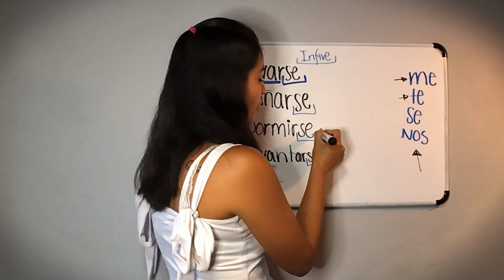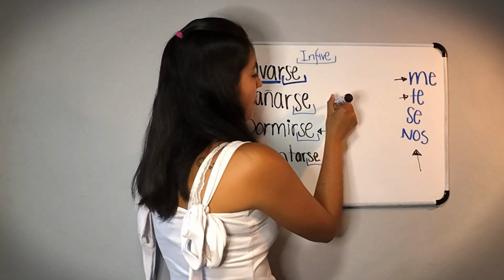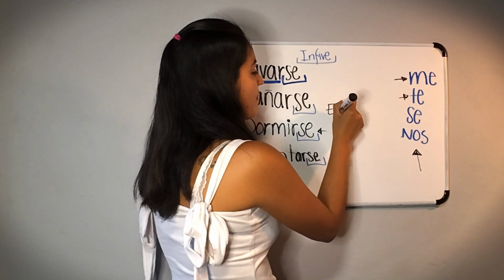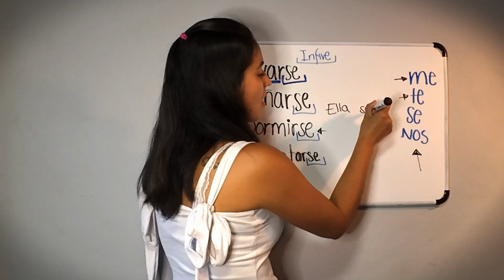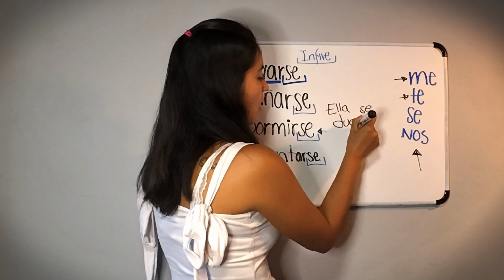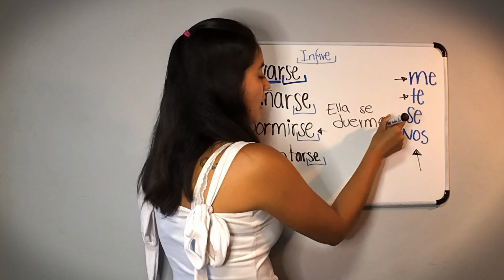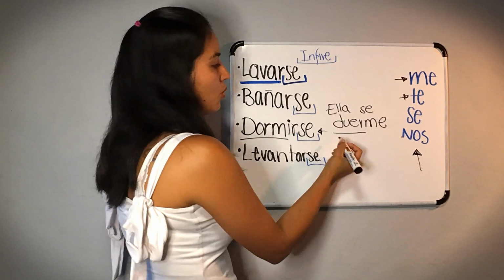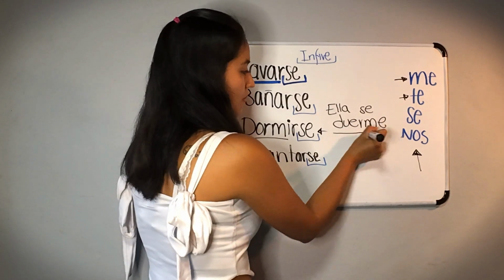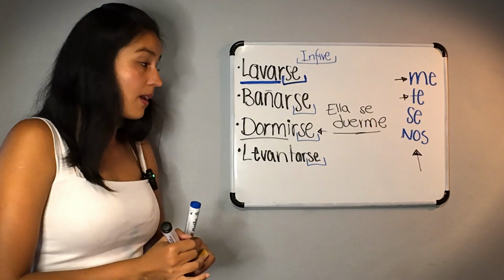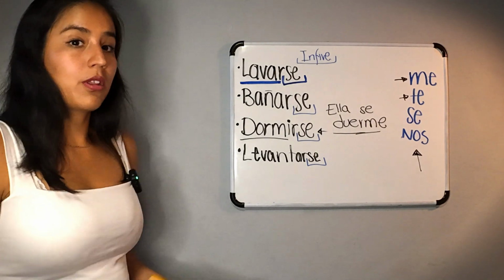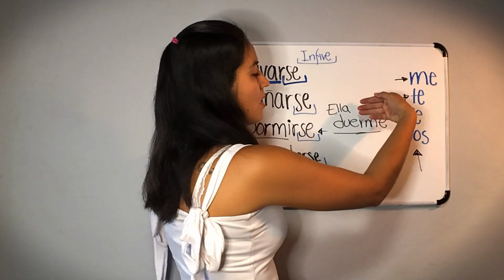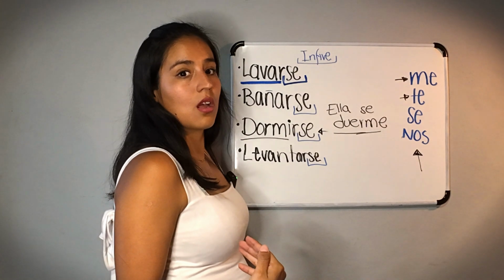So for example, if I use it in the third person, I'm going to say ella se duerme. Here you can already see how we went from dor to duer. And if it weren't reflexive, we would say ella duerme, but ella se duerme.